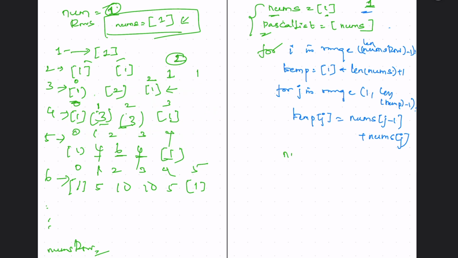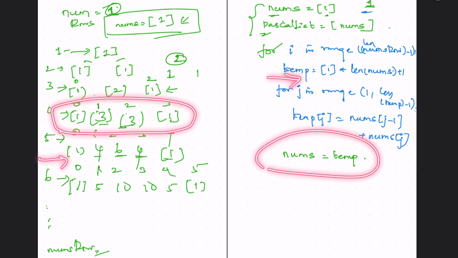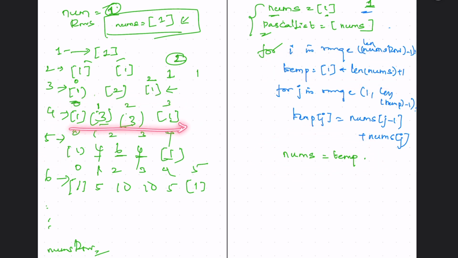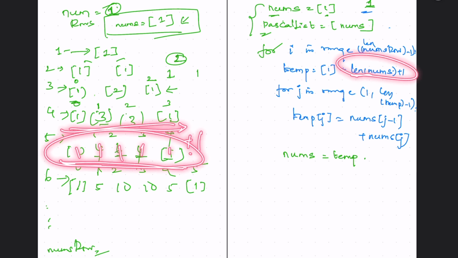Now our current nums is temp. So to traverse to the next, we are assigning it again back to the temp. Once you have given that back to the temp, for the next temp we are setting everything as 1 initially with 1 length extra. Length of nums is 4 plus 1, we will be getting 5.